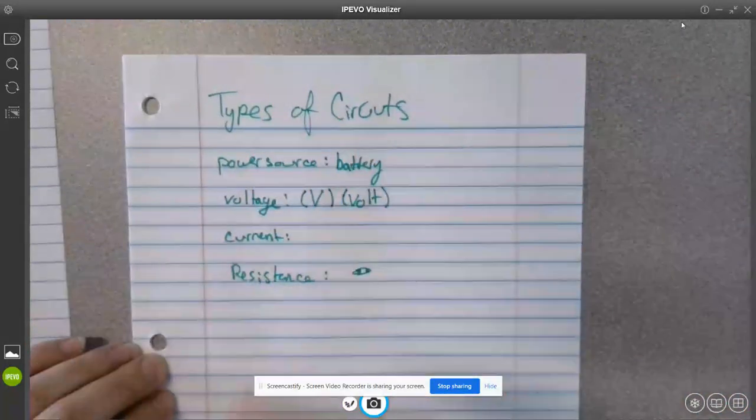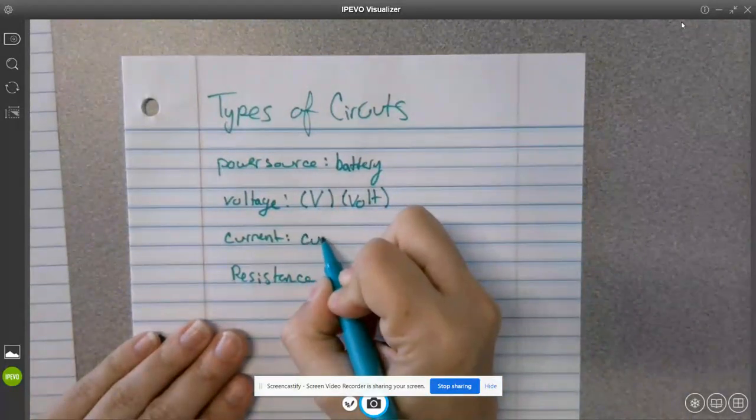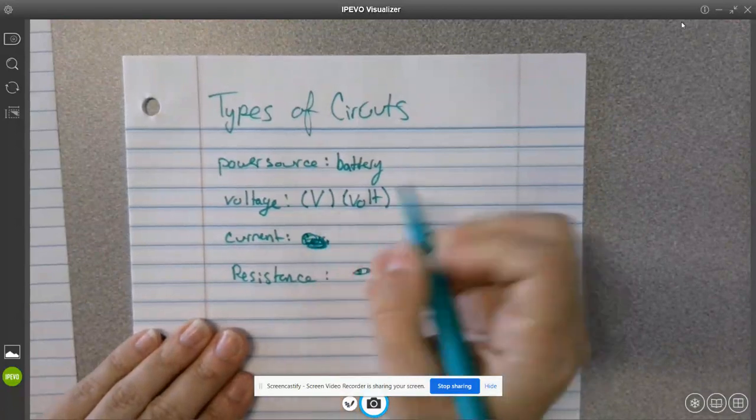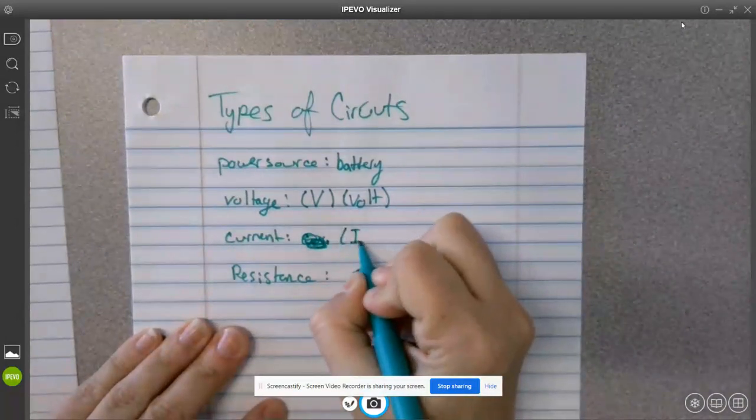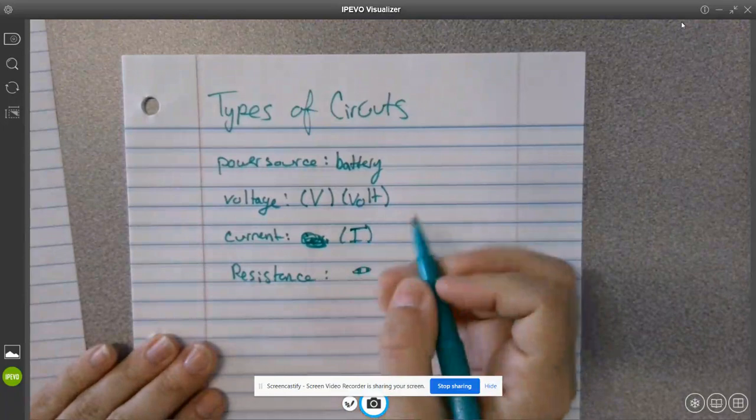Voltage isn't really too hard to understand. Next up will be current. Current is identified by the letter I. Don't ask me where they got that one from. All I know is that's the set standard for current. We denote it with the letter I.